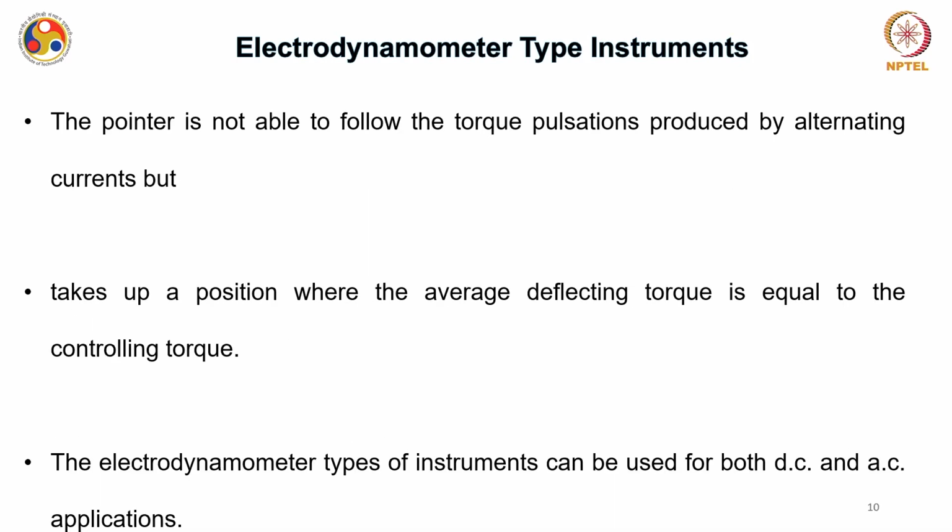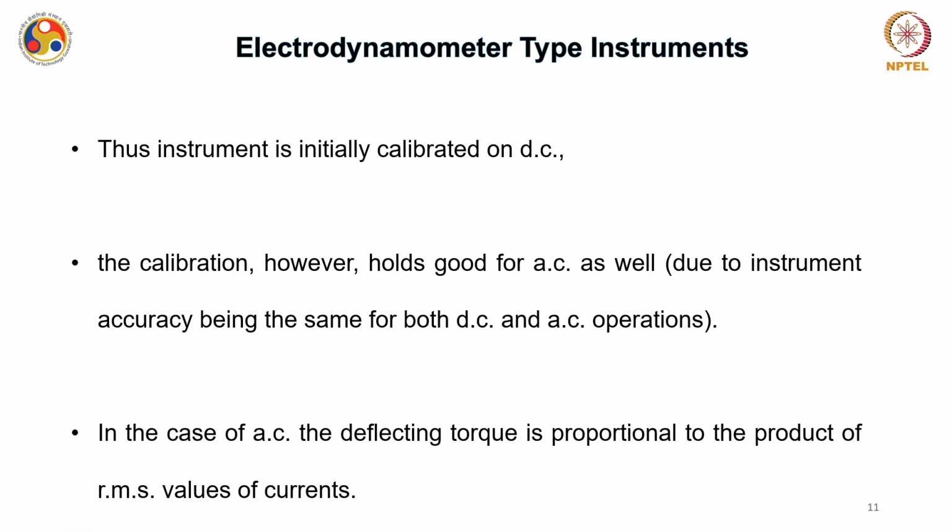So, the pointer is not able to follow the torque pulsation produced by the AC current, but takes up a position where the average deflecting torque is equal to the controlling torque, and the electrodynamometer type of instrument can therefore be used for measurement of both AC as well as DC.